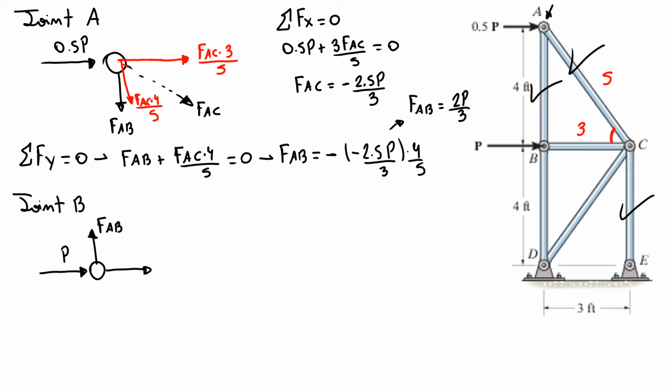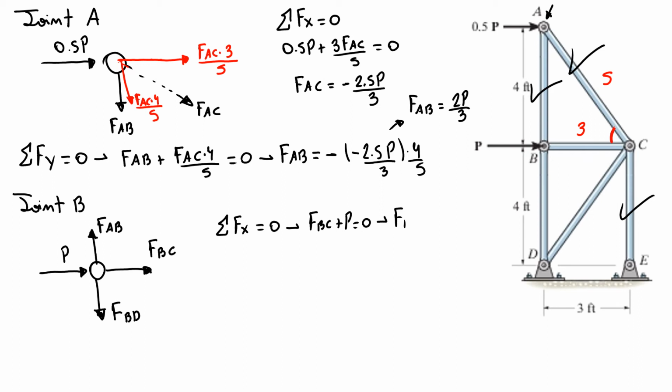Here is our FBC. And here we have our FBD. So if I do the sum of forces in x direction equals 0, I'll have FBC plus P equals 0.